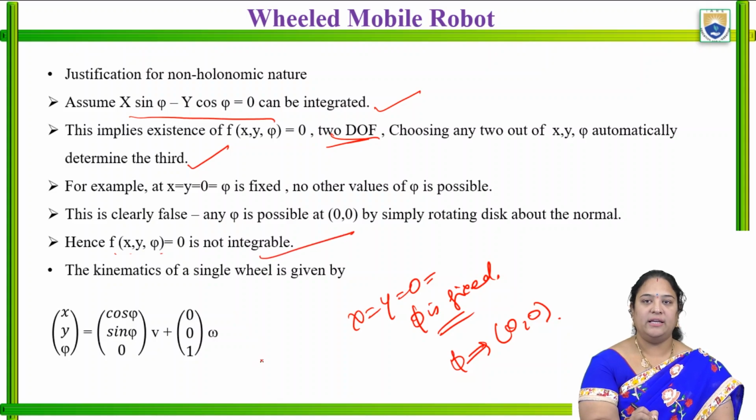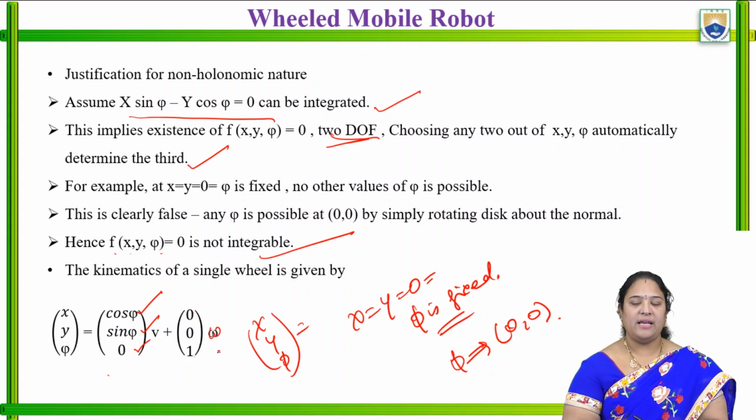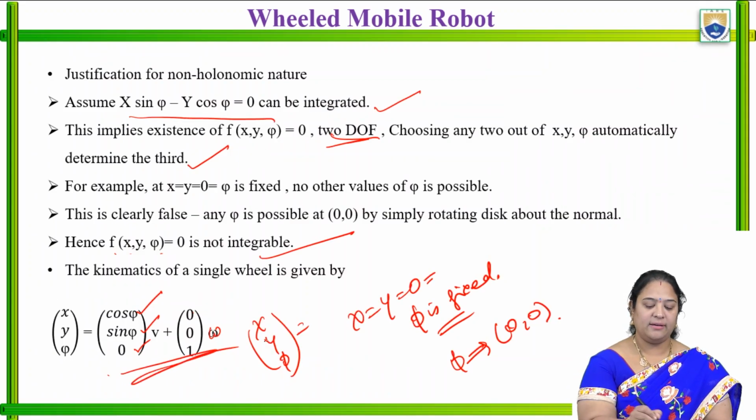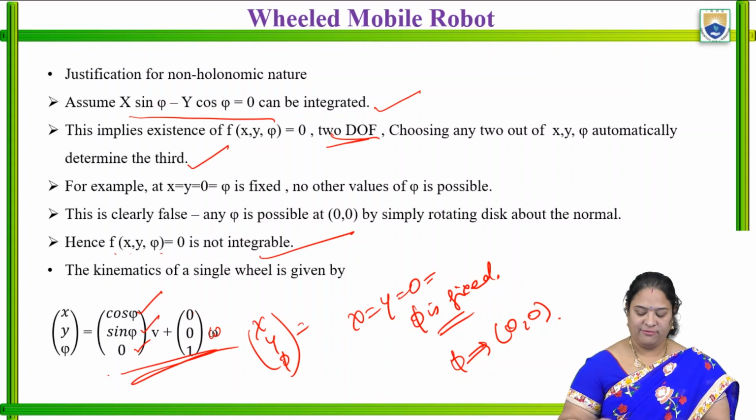It is not integrable, so we get the equation as x, y or phi will be equal to cos pi, sin pi and 0 into the vector v plus 0, 0 into 1 into angular velocity. So this is how we calculate the matrix for a single wheeled robo.